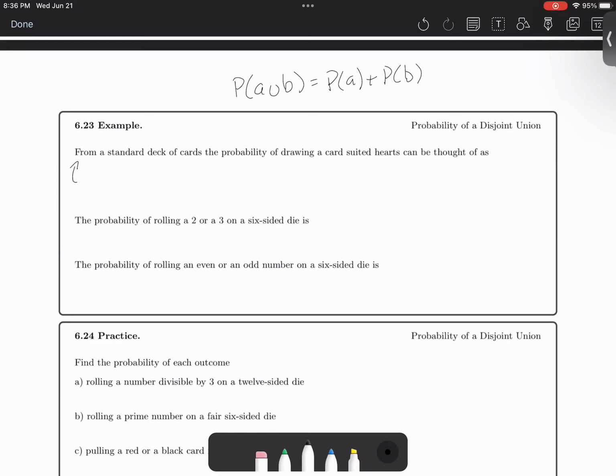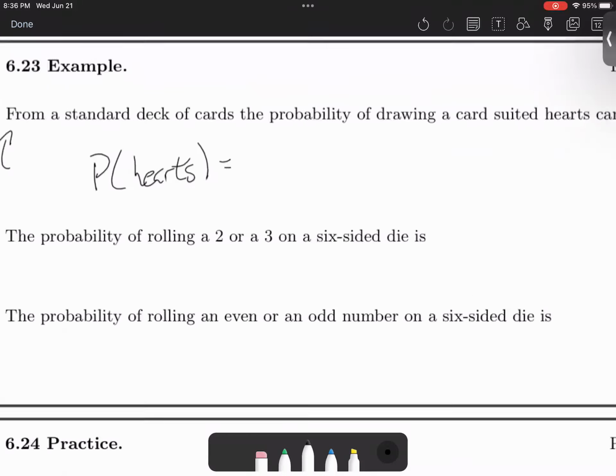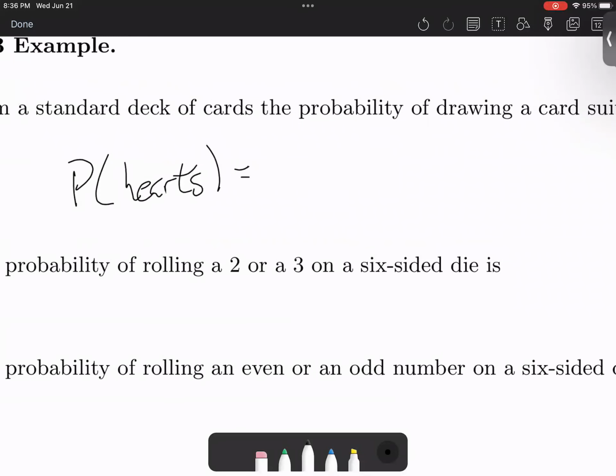The probability of hearts can be thought of as, well, you could get a numbered hearts card, or how else can we break down hearts?